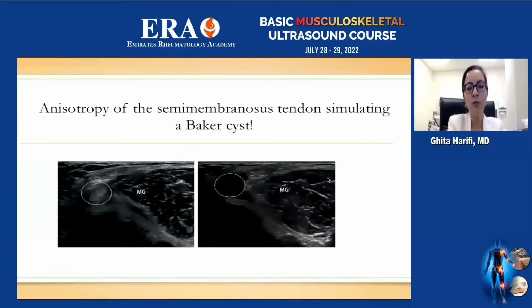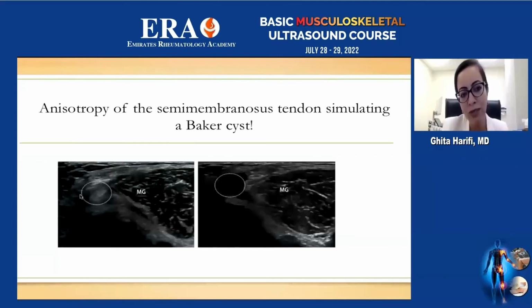A very important pitfall here is the anisotropy of the semimembranosus. We said that a Baker cyst, when there is one, is expected to be between the semimembranosus tendon and the medial gastrocnemius, so in this area.